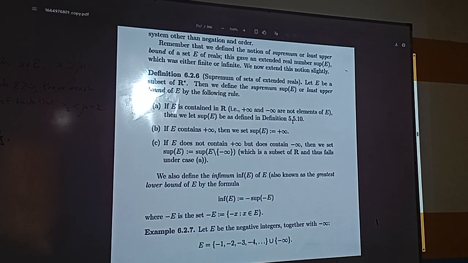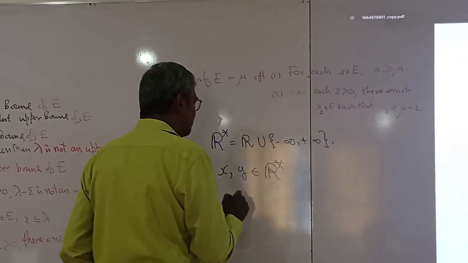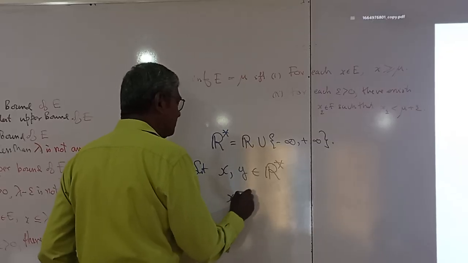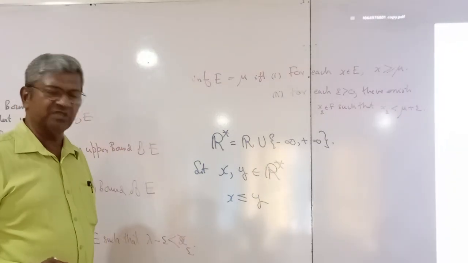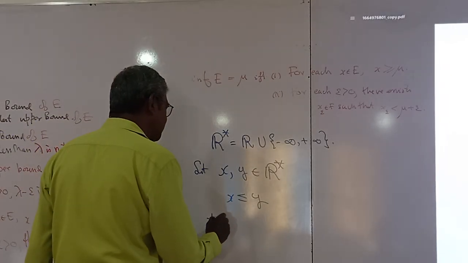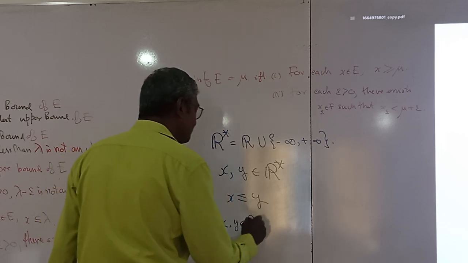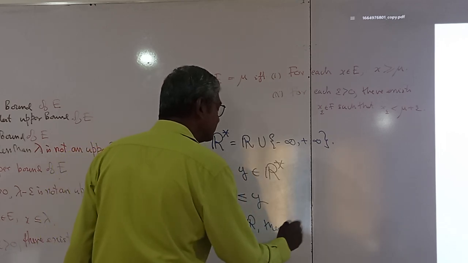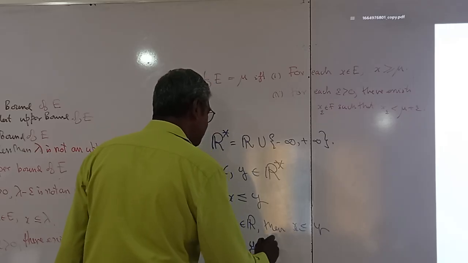Now see, let x, y belong to R star. Somebody says x less than or equal to y. These are extended real numbers. What you know is, these are the three possible ways. If x, y belong to R, then x less than or equal to y. Or y is infinity.